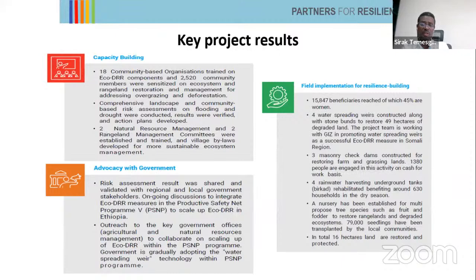We have also constructed 3 macro-basin check dams that also restored a good number of degraded areas. We have also rehabilitated 4 underground water harvesting birkas, a kind of tank to store the rainwater the communities get during the rainy season.